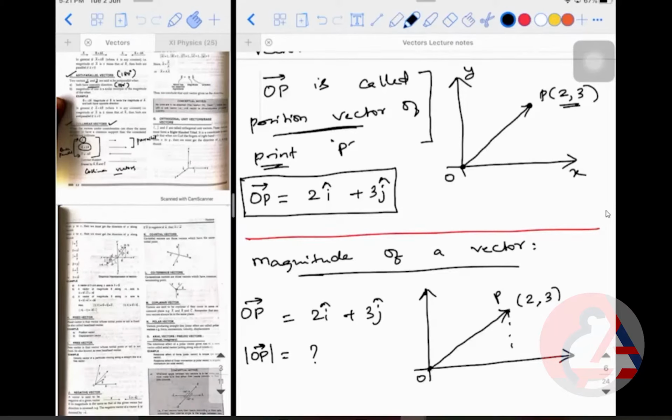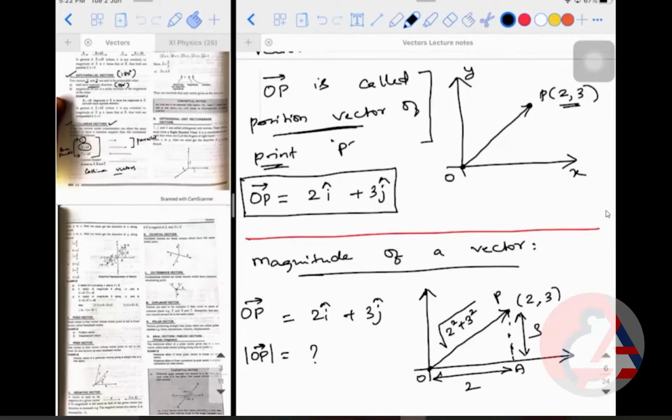Okay, you're saying you'll drop a perpendicular. Let's mark the point of intersection as A. So OA is 2 and AP is 3. According to the Pythagoras theorem, this becomes root of 2 square plus 3 square, which is root 13.